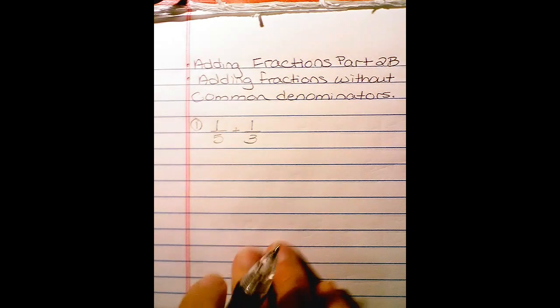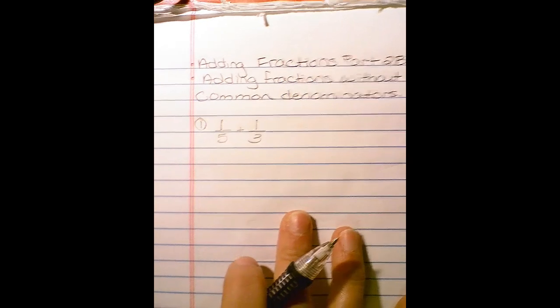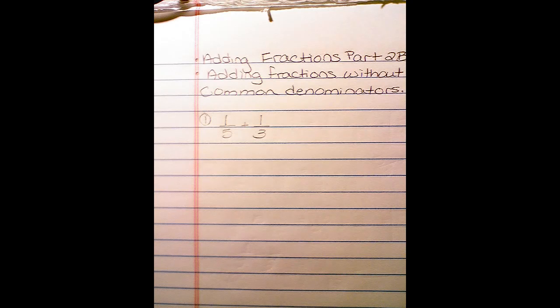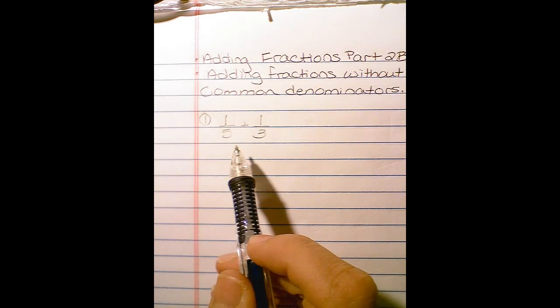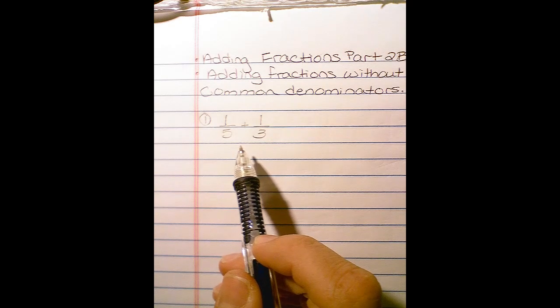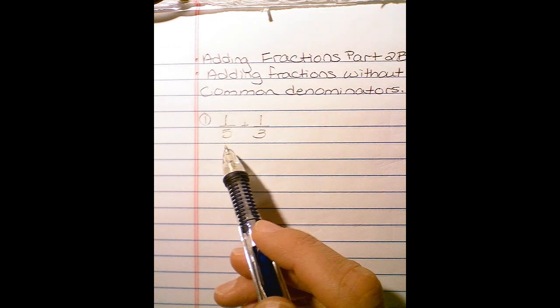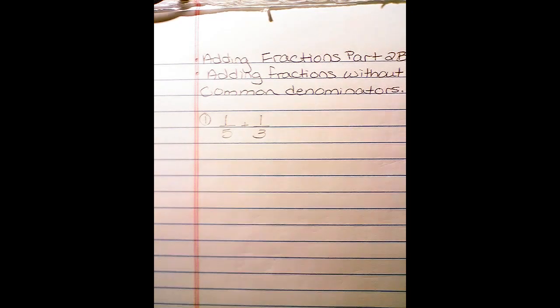Alrighty, so in this case, we're going to have to do a little bit more work here. So I'm going to show you the long way. Some of you probably can look at this and say exactly what to do right off the bat, but I'm going to show you the long way so that we could get a really good concept of what's going on.